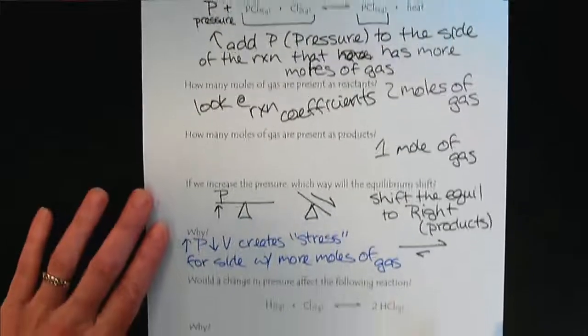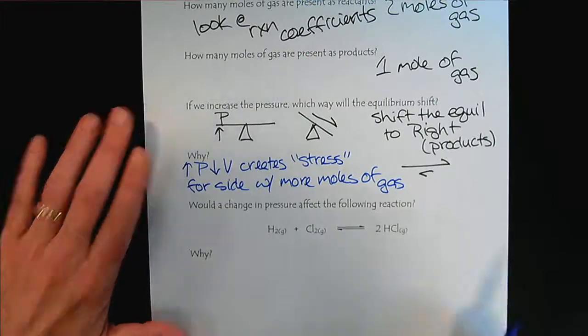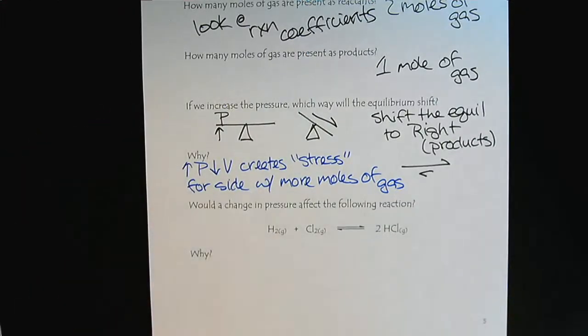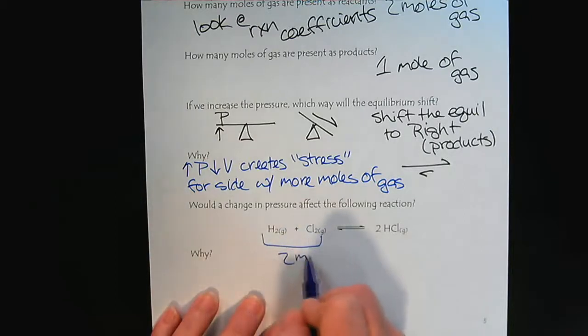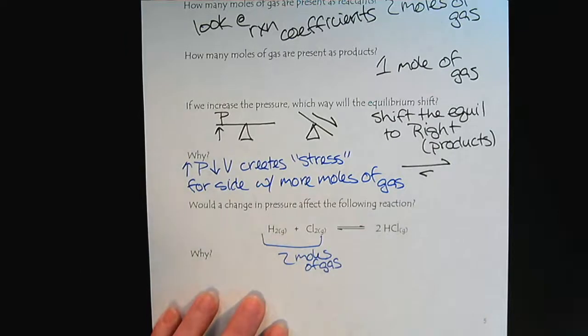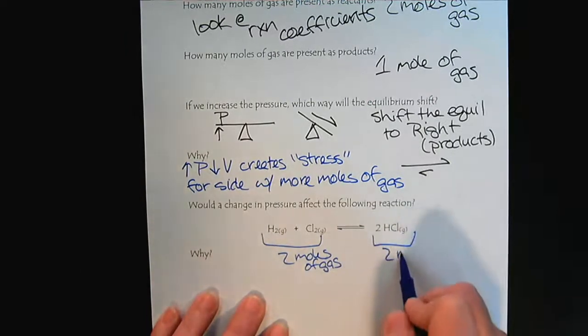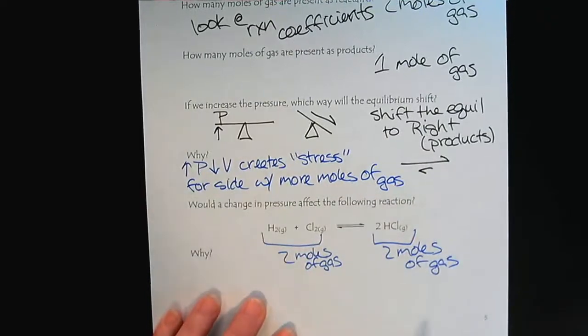Okay, one last example with changing pressure. Look at this next reaction here. Would a change in pressure affect this following reaction? Well, we look here and we see we have 2 moles of gas on the reactant side, and 2 moles of gas on the product side.